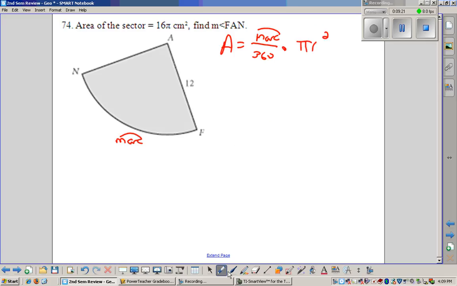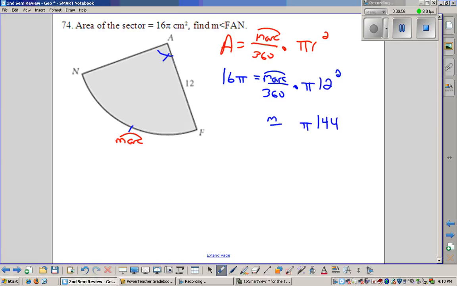So we're going to plug in the area of the sector they give us for A. And they want us to find the measure of the angle, or the measure of the arc, which will be the same, because this angle will be the same as that arc. And hopefully they gave us the radius. They did. Yes, 12. 12 squared is 144.